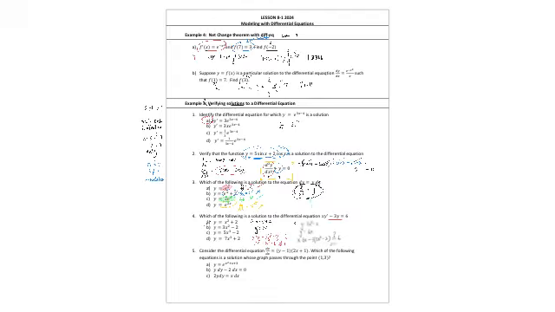So that means that this is not a solution. Okay, then let's do B. B is y is equal to 3x squared minus 2. So y' is equal to 6x, and putting it back, x times 6x minus 3 times 3x squared minus 2, is it equal to 6? And I would say no, that also does not work.